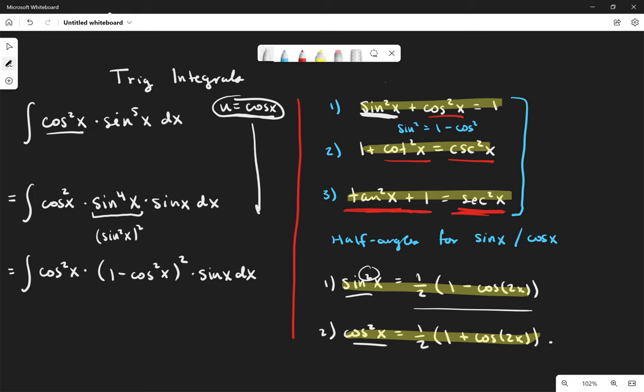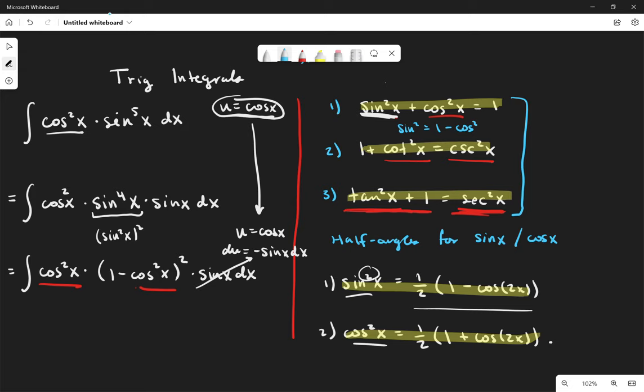Now this u sub actually works, because I've got only cosine x's. I can now throw out this sine x with the u sub. Remember, du is negative sine x dx, because that's the derivative.